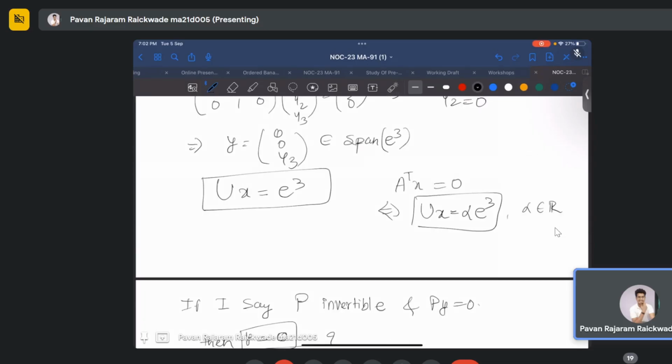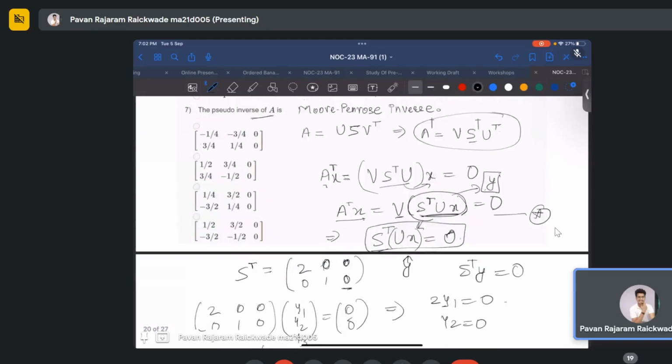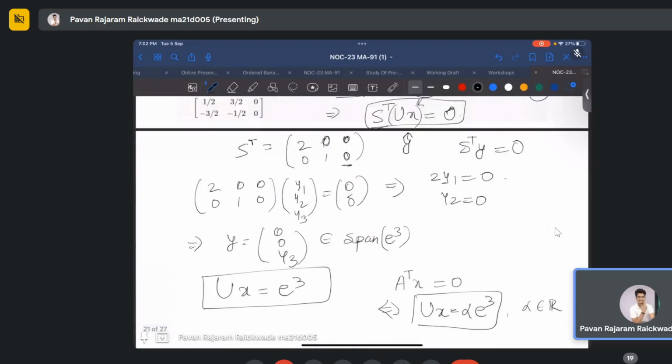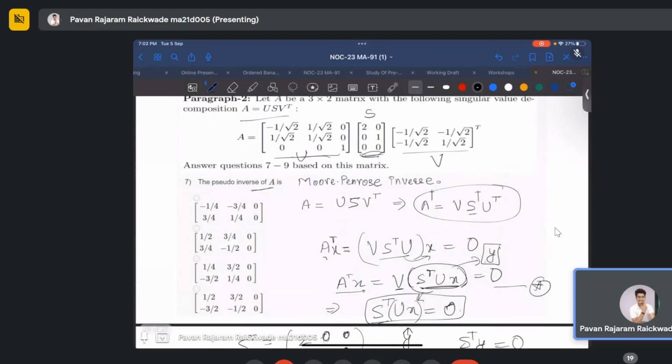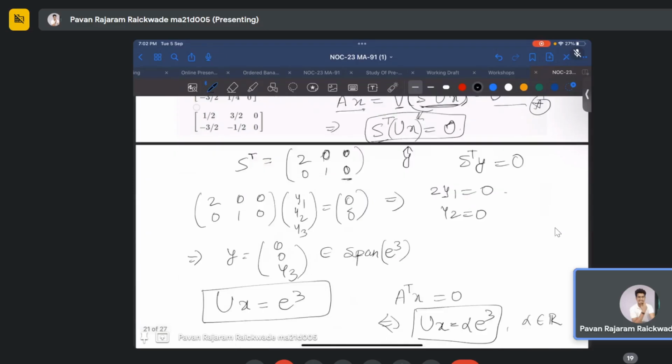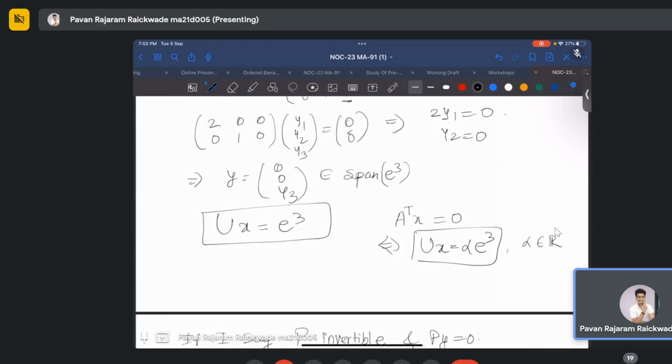Now you want to find Ux equals some scalar times E3. But you can see the only possible way for this is that X has to be E3, because of the structure of U. You can in fact solve Ux equals alpha E3 and you will get X also equal to alpha E3.